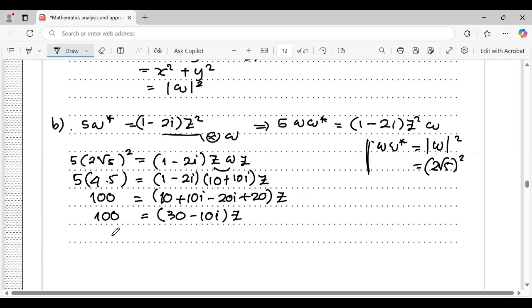So Z equals 100 divided by 30 minus 10i.